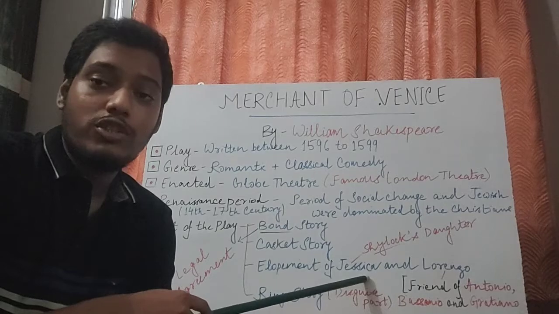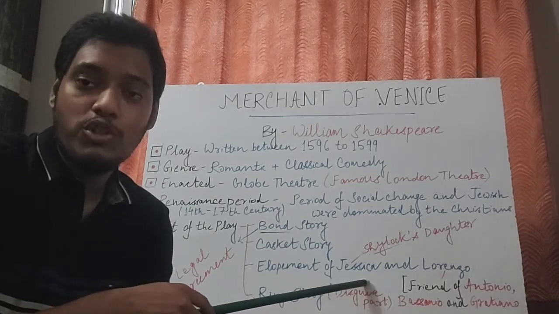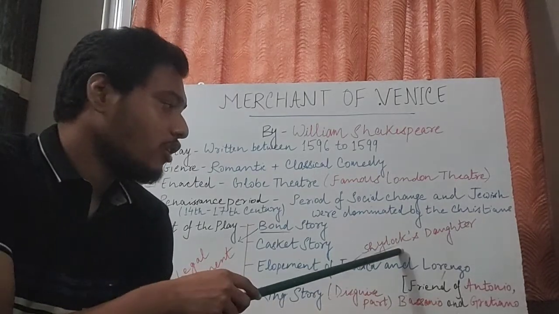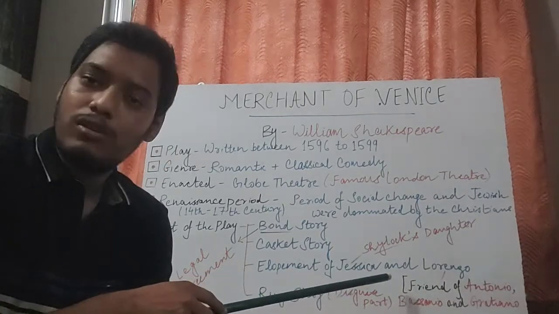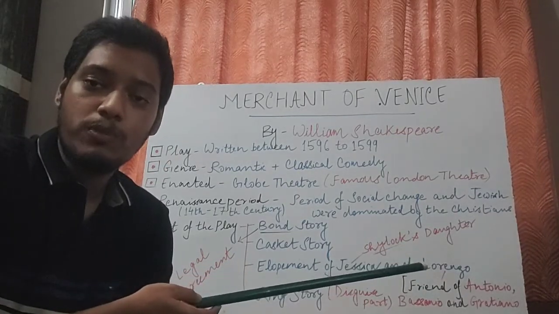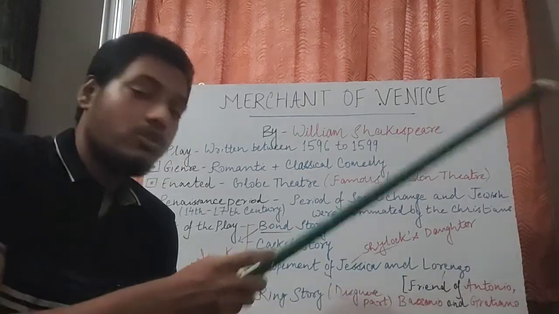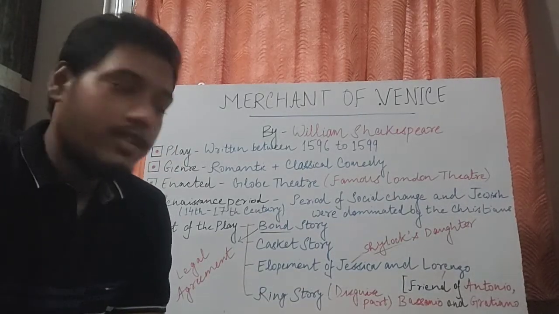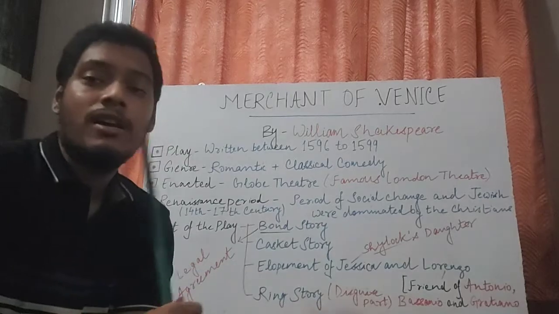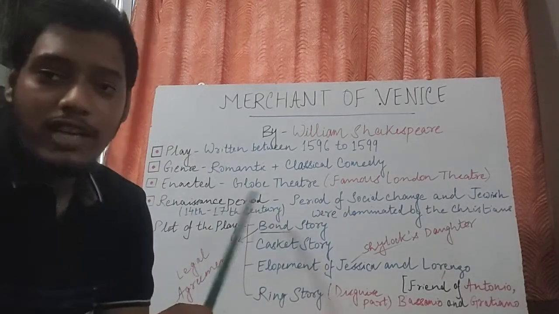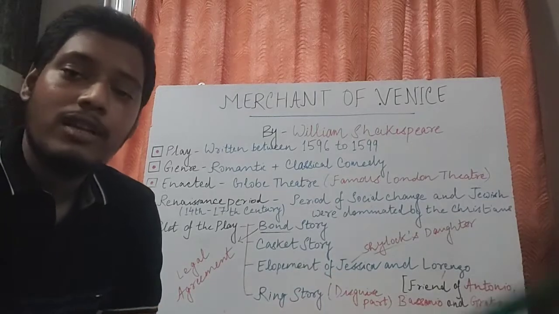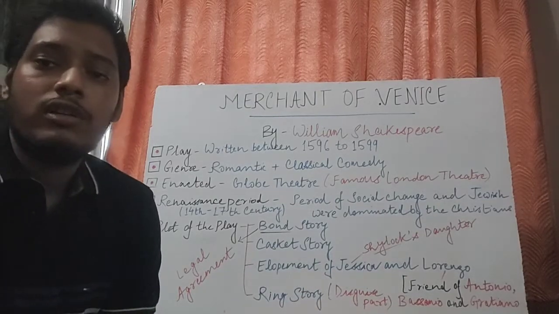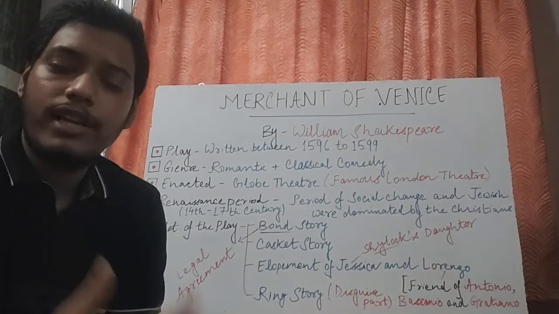Jessica was Jewish. Shylock was a Jewish man, therefore his daughter is a Jew. Lorenzo is a Christian, therefore, as I was explaining earlier in the Renaissance period, the Jews and the Christians did not have good relations with each other.